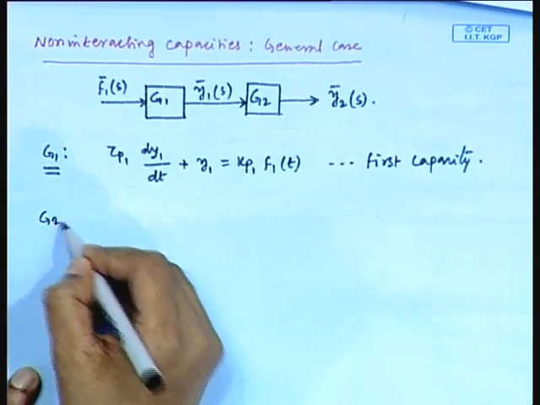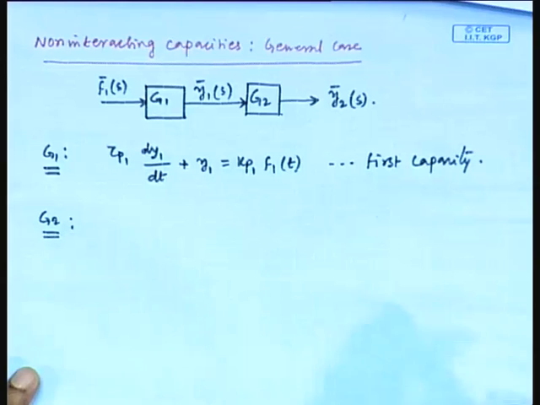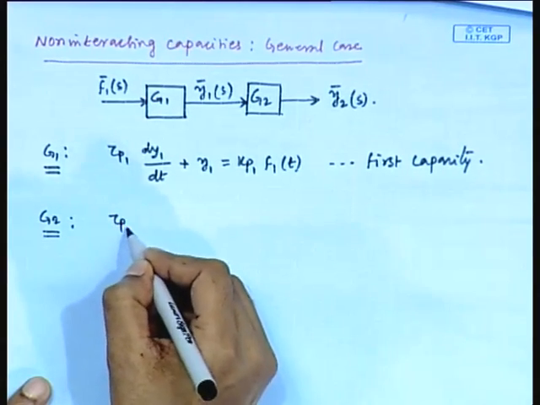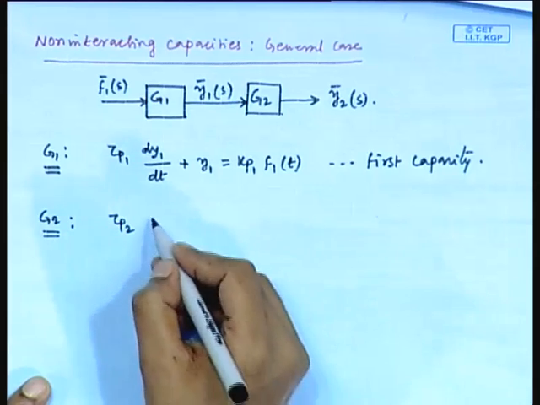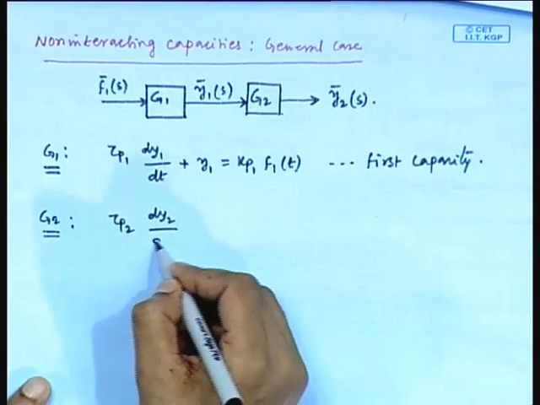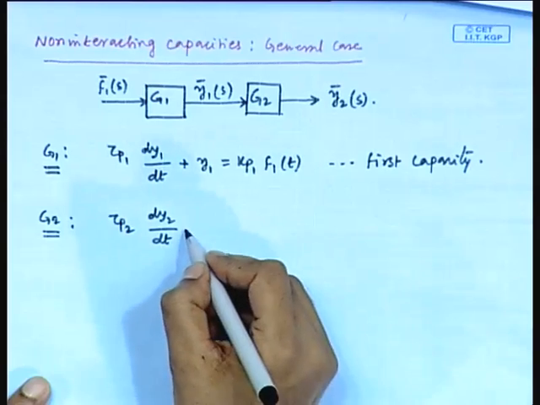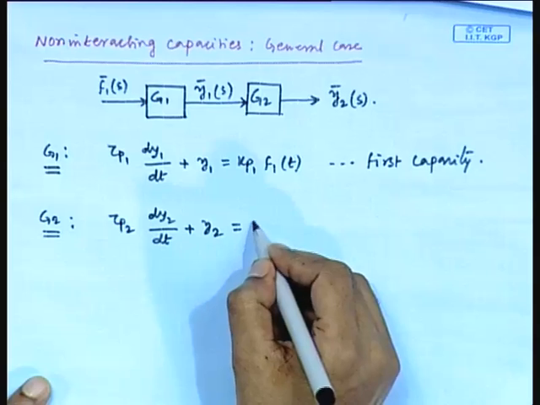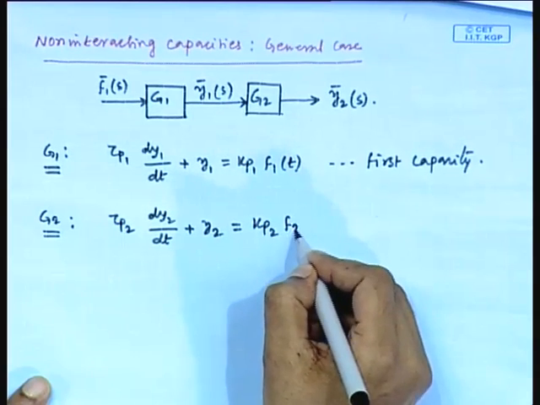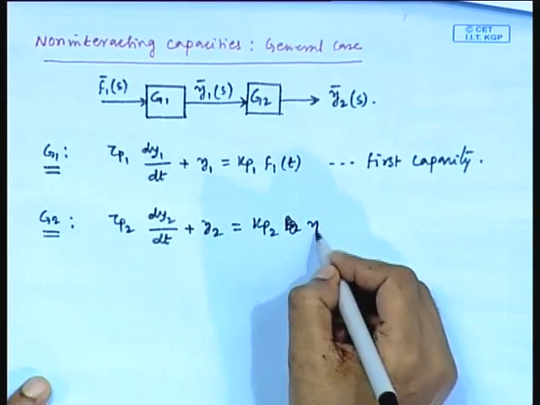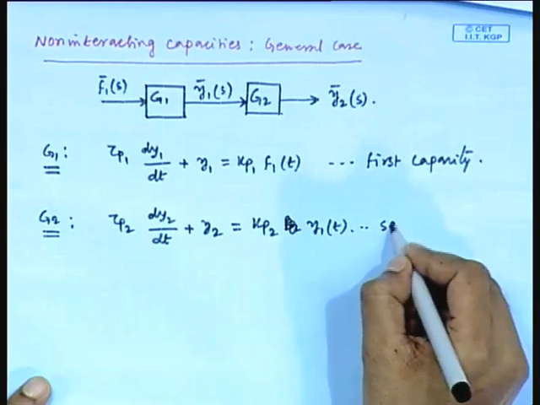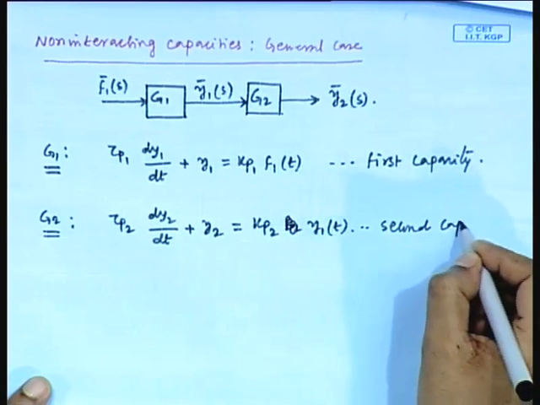Similarly, for the second capacity, which has the transfer function of G2, we can write the modeling equation as tau p2 dy2/dt plus y2 equals k p2 y1(t). Fine. This is for the second capacity.